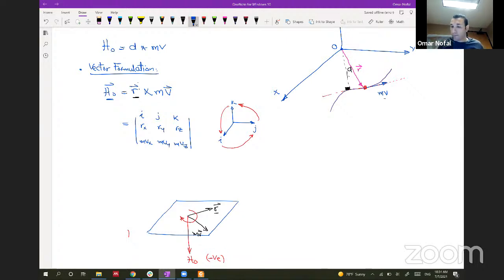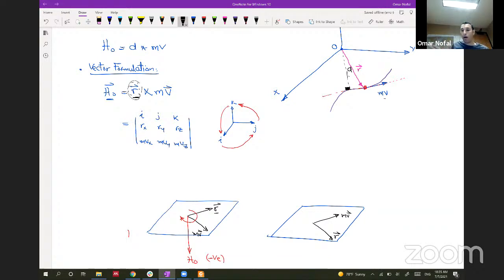So what if we have MV going this way, and R going this way, and they are in the same plane. You will have to go from R to MV, because R is the first vector in the multiplication here.